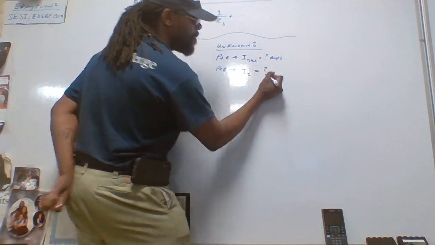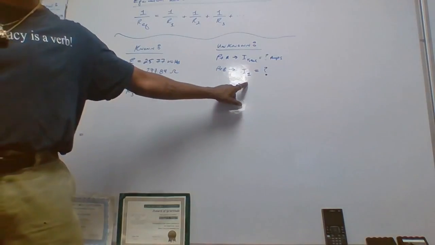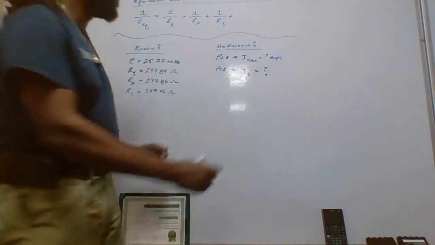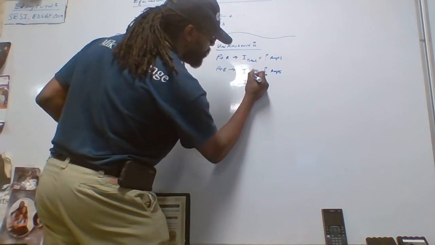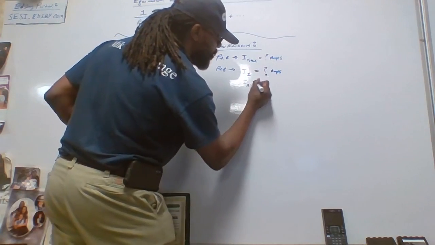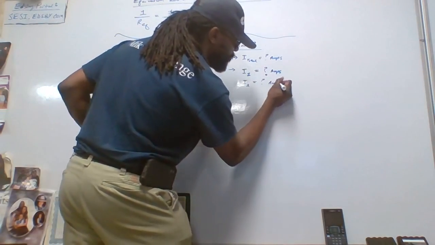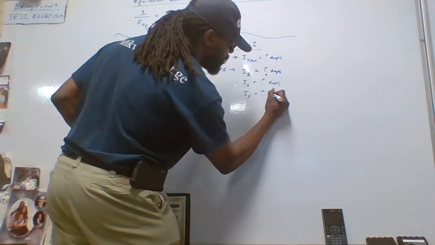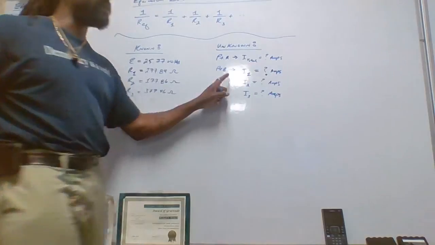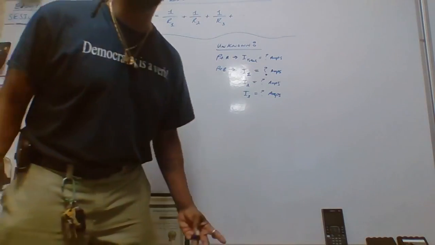So this is the branch 1, resistor 1. You're going to find that like we found earlier. This is in amps. We have I2, some number we're going to calculate. And I3, some number, and it's in amps. So all these will be the current that we saw in those different branches, right?